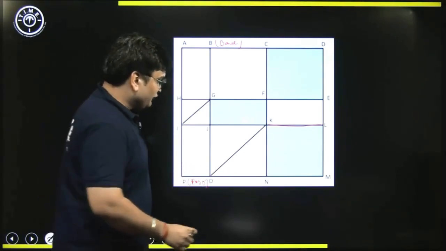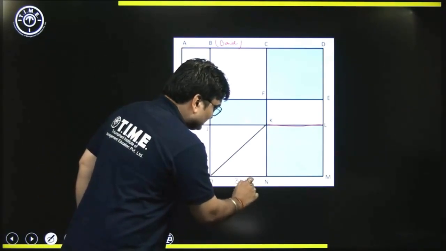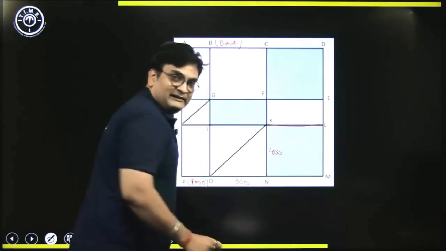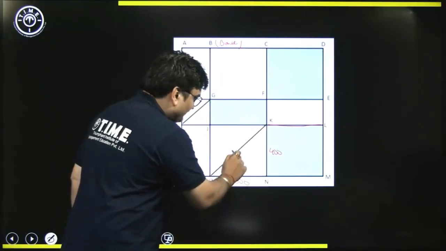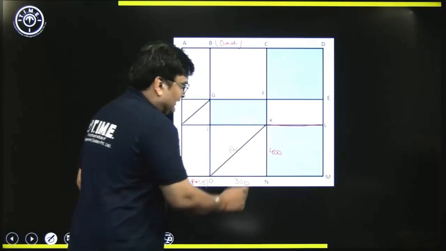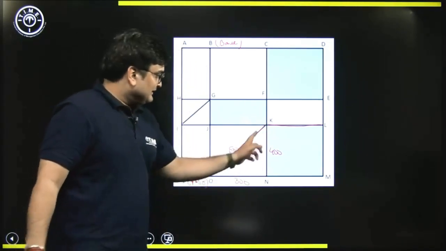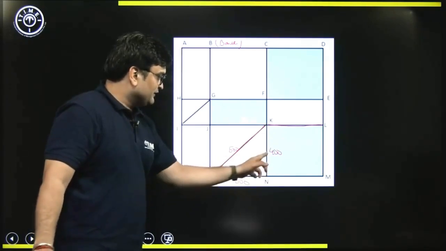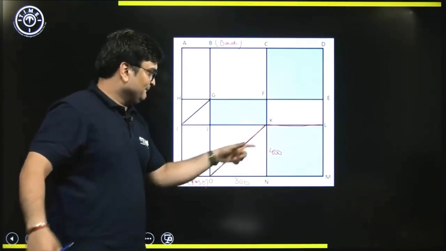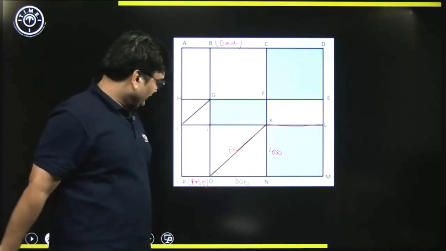And what are the lengths? If you recall, this was 300, this was 400, and hence by Pythagoras theorem can I say this will be 500, and it is better to move along the diagonal than these two sides, because when you move on these two sides you will travel 700. As you can see over here, you are saving 200 meters.